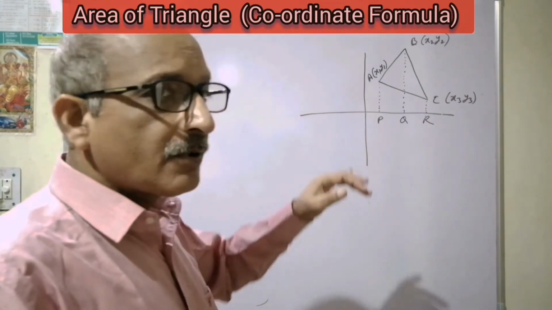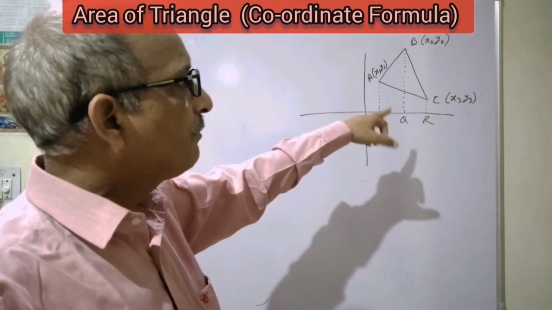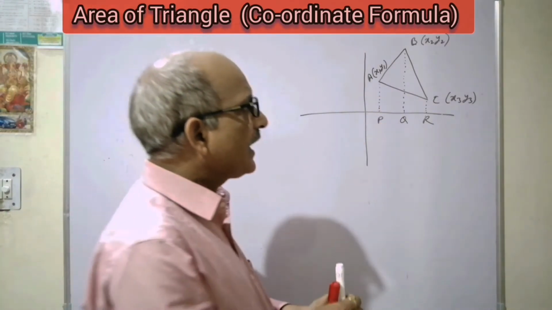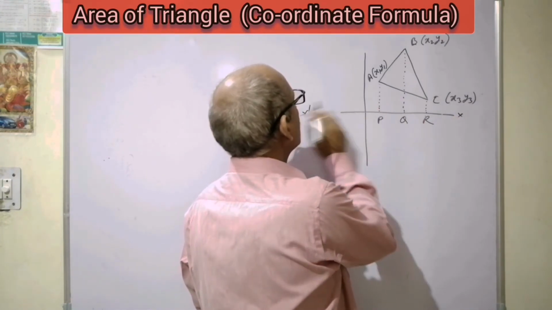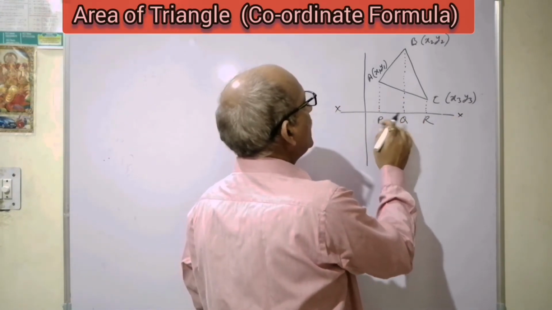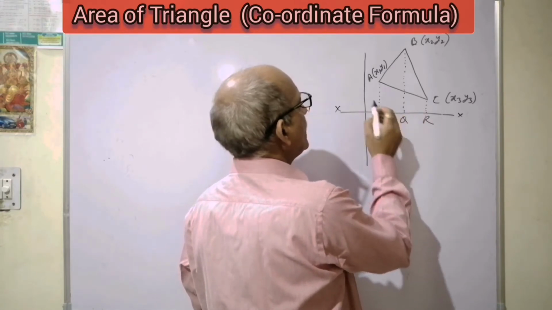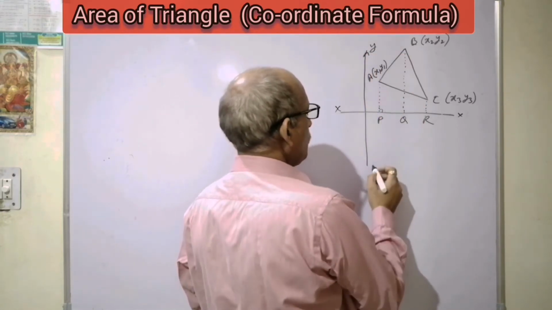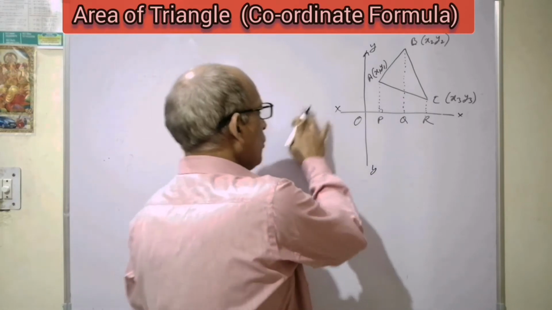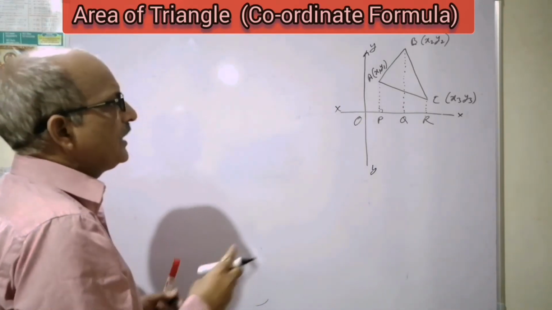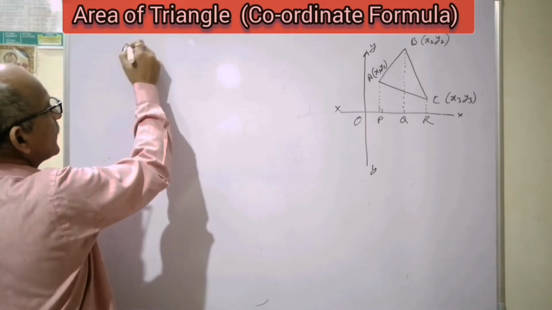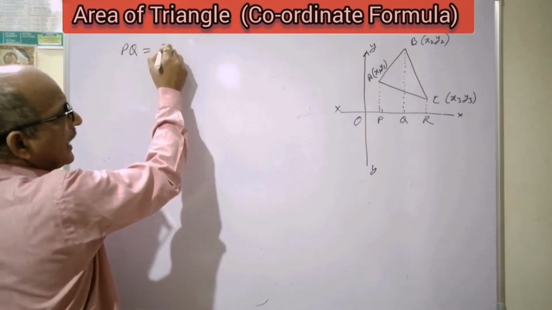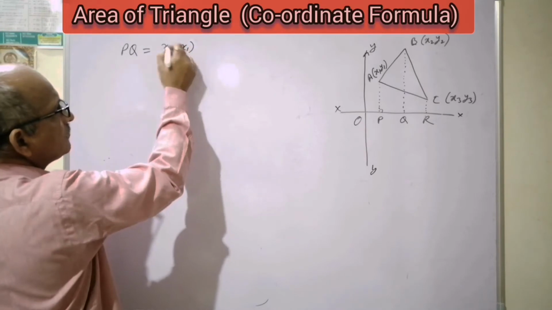Here we have drawn perpendiculars from A, B and C to meet the x-axis at P, Q, R. These are perpendicular distances. This is the y-axis, and this is the origin O. First of all, we would like to get PQ. What is PQ? PQ is x2 minus x1.